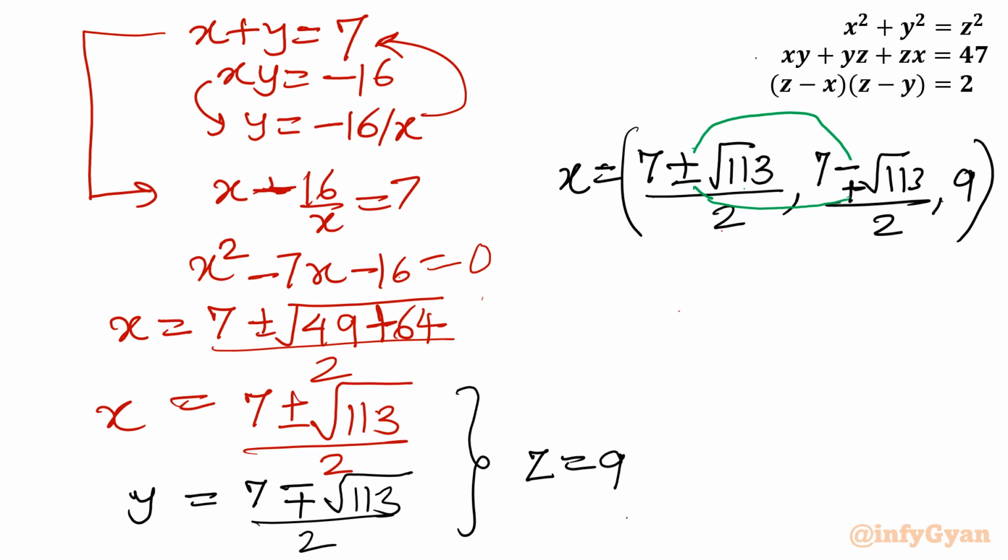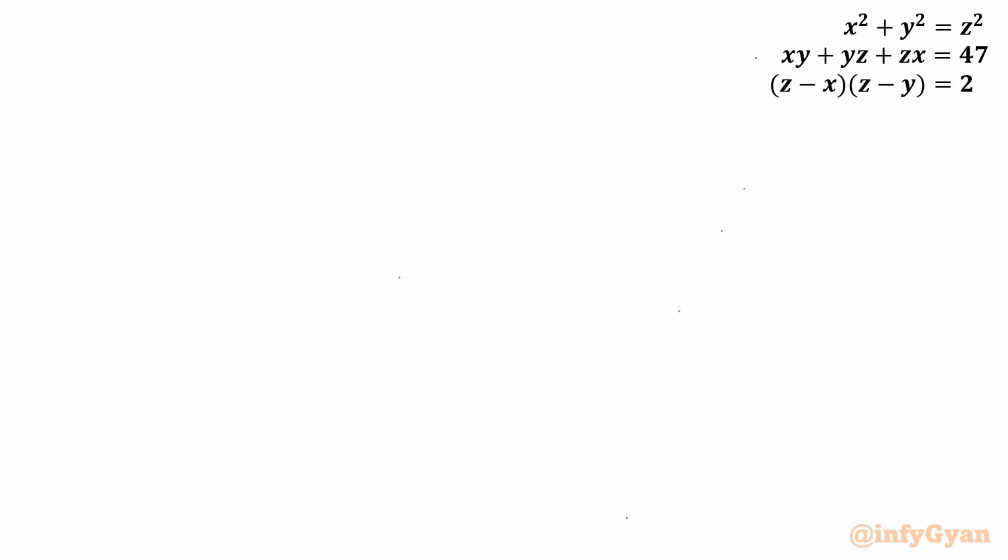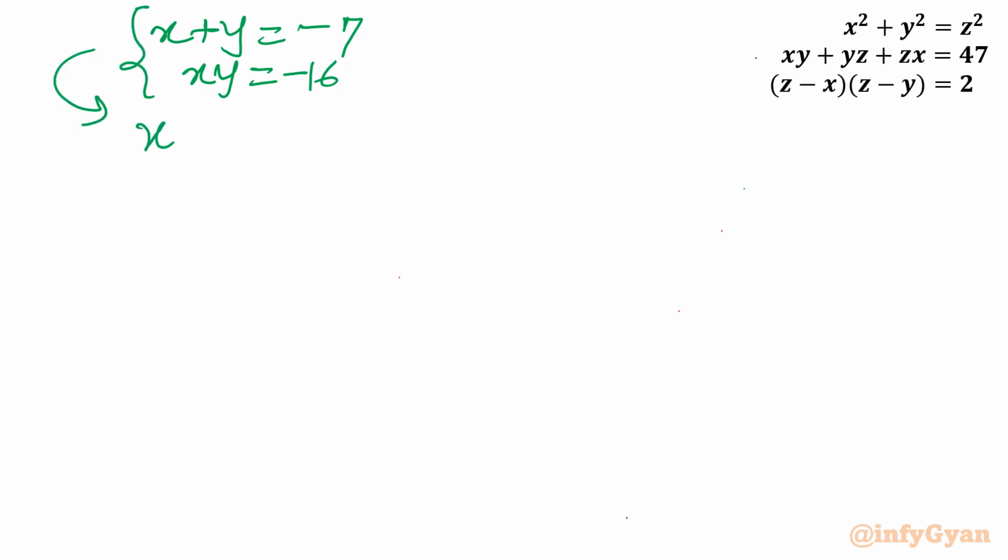Now last system of equation, that is x plus y equal to minus 7 and xy is equal to minus 16. Similar way we will write y is equal to minus 16 over x. So what simplification will we get? After simplifying both equations, you will get the quadratic equation x square plus 7x minus 16 equal to 0.